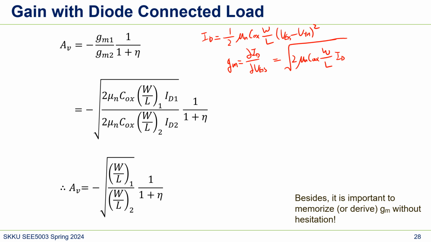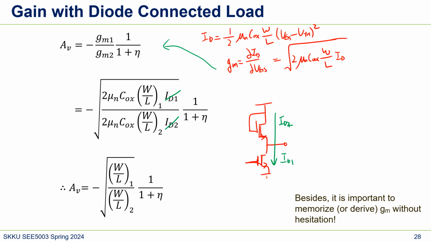You can easily derive this equation. If we substitute it here, we get this. We can make it even simpler because of our circuit, which is like this, with NMOS and V out. The currents ID1 and ID2 are the same, right? So we can remove this, and we got this.